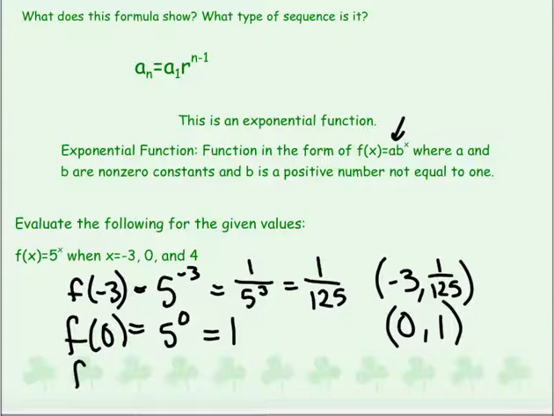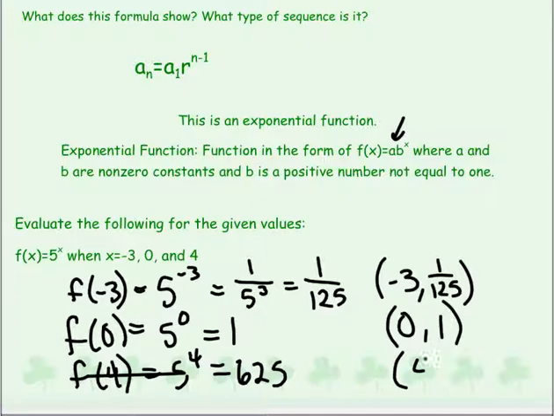And lastly, f of 4 is equal to 5 to the 4th power. So we do 5 times 5 times 5 times 5, and we get 625. You can see how quickly this grows. By x as 4, it has gotten really big very fast.